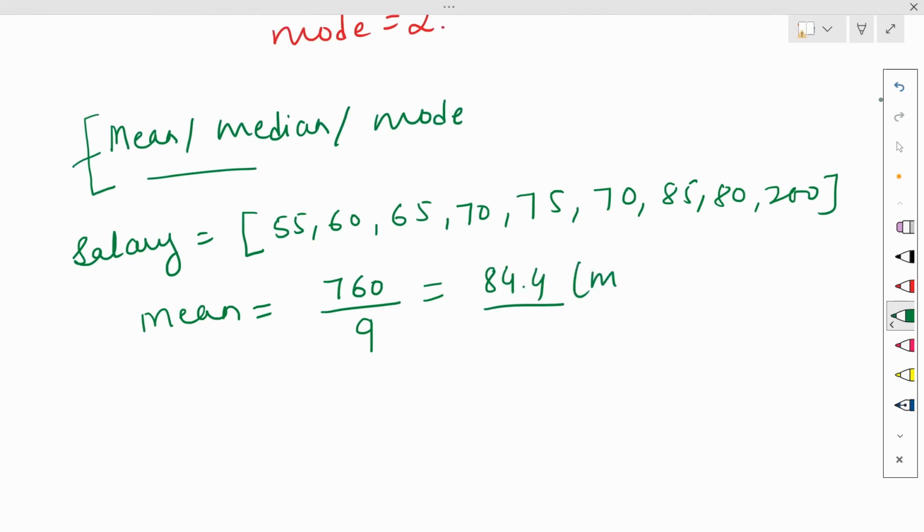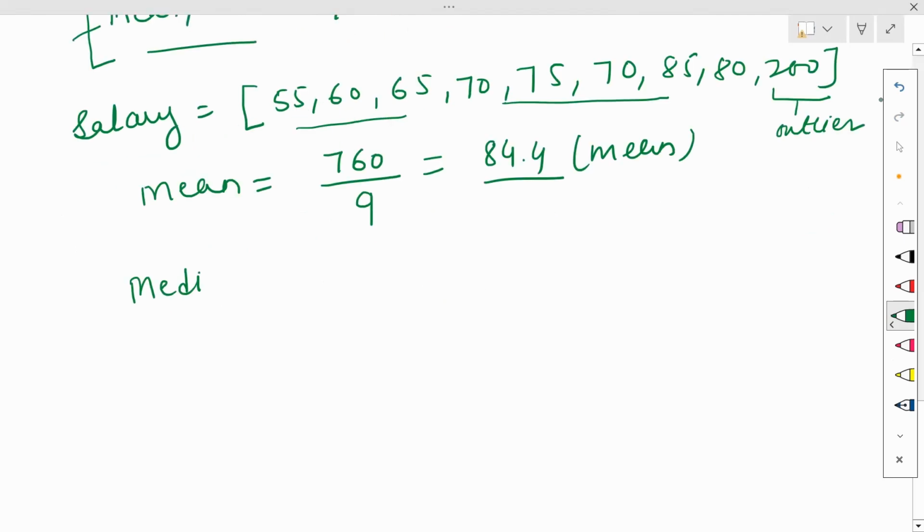This is the mean. Now you can see most of the items in this list are in the range of around 50 to 85, but still our mean is coming to 84.4 because of this value 200, which could be an outlier. If we calculate the median for the same list, then it will be the middle value, which will be the fifth of all 9 elements in the sorted list.